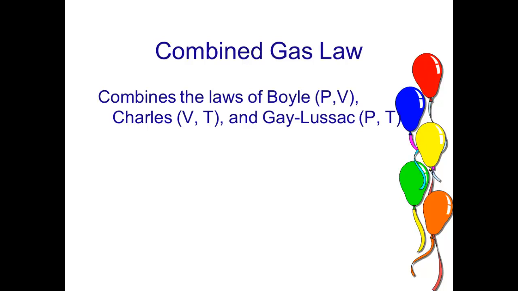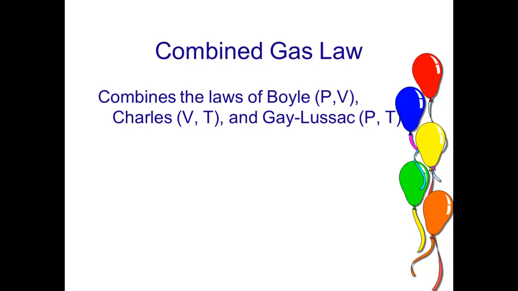What was the equation for Boyle's law? P1 V1 equals P2 V2. So for Boyle's law, we had pressure and volume being multiplied. What was the equation for Charles' law? V1 over T1 equals V2 over T2. How about Gay-Lussac's law? P1 over T1 equals P2 over T2.